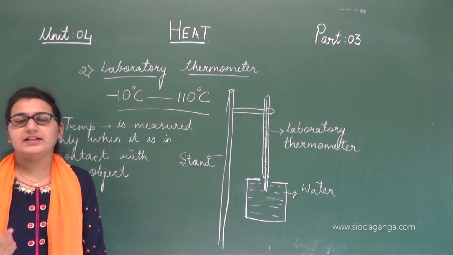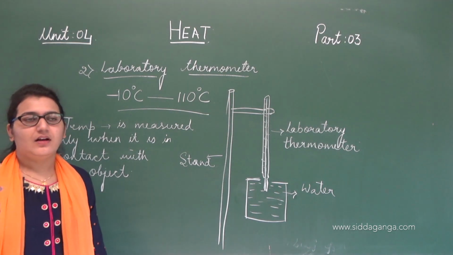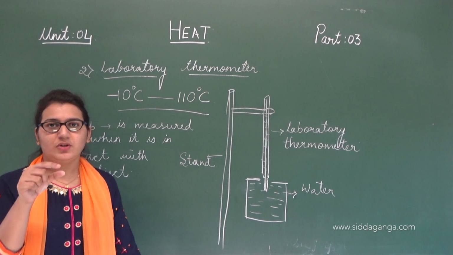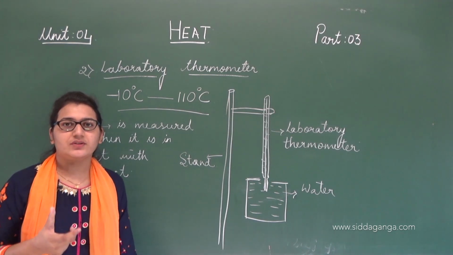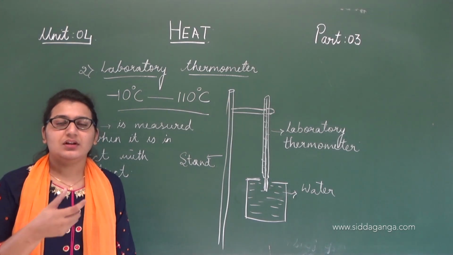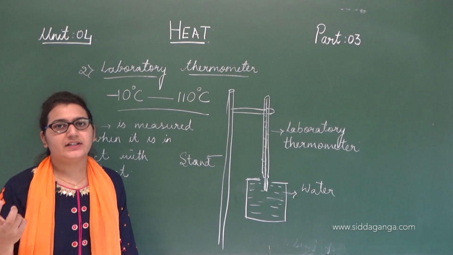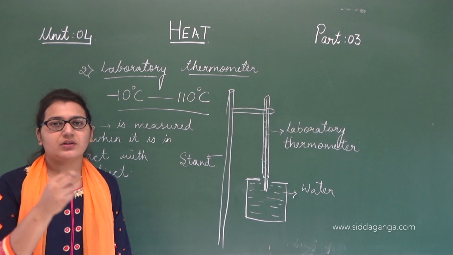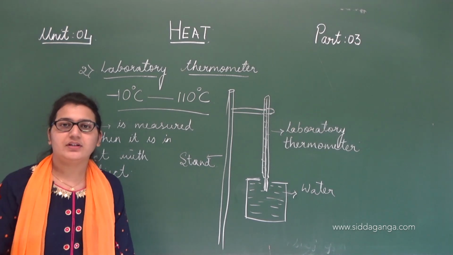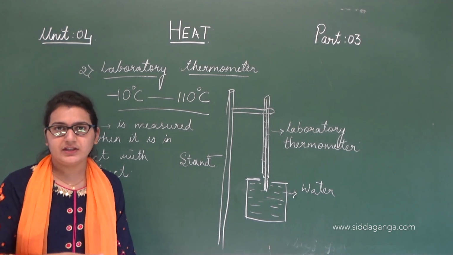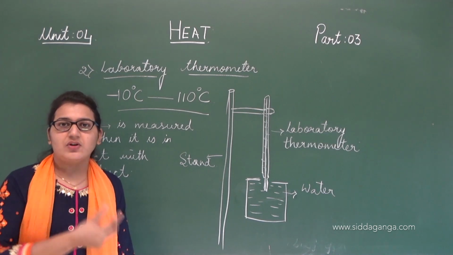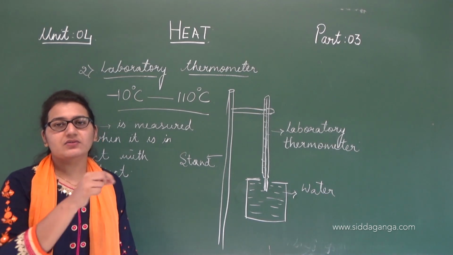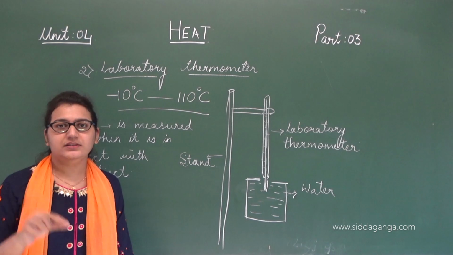In the clinical thermometer, what we did is we kept the thermometer below the tongue, and because of the increase in body temperature, the bulb got heated up and the mercury level rises. Soon after, we take this thermometer out, and due to the presence of the kink, the mercury level does not go back. Hence after removing it we can just read the thermometer.